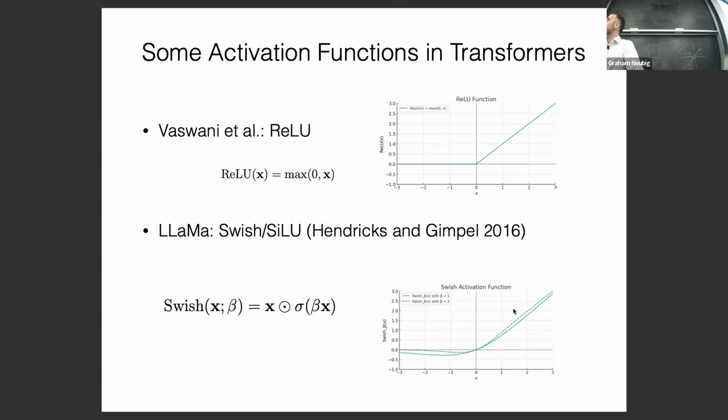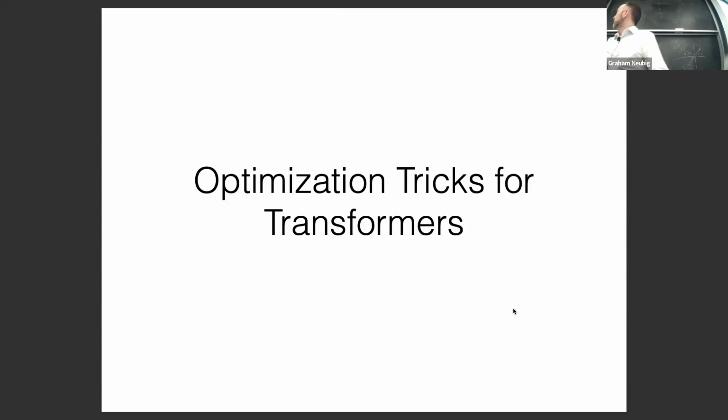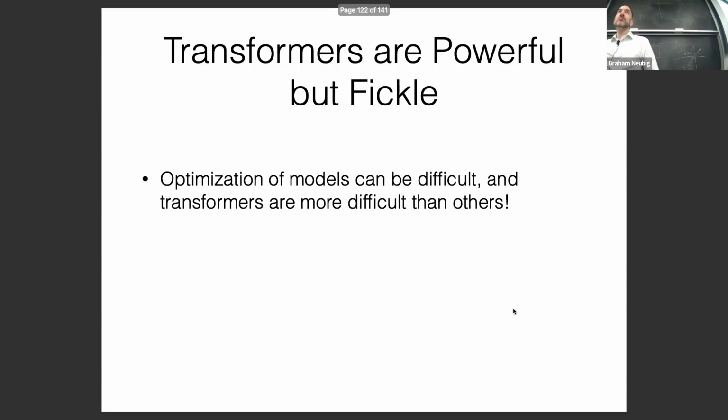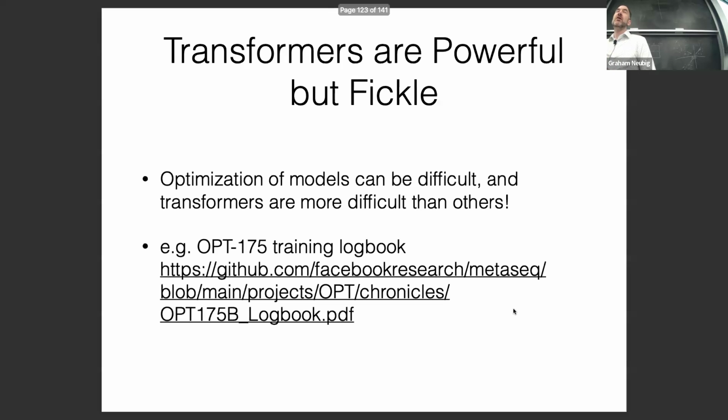Okay, cool. Next is optimization tricks for transformers. So transformers are powerful but very fickle. Transformers, at least when they started out and we didn't have stable training recipes for them, people tried pretty hard to optimize them, but they were difficult to optimize.